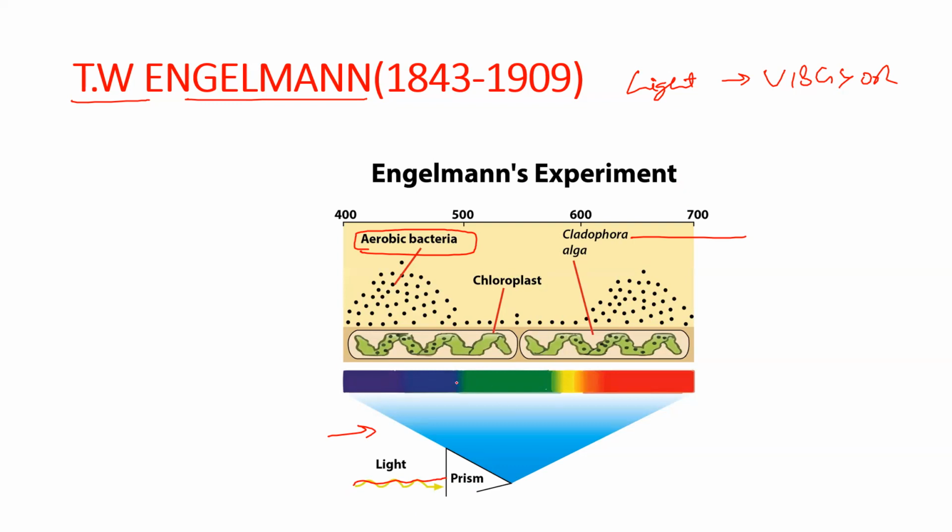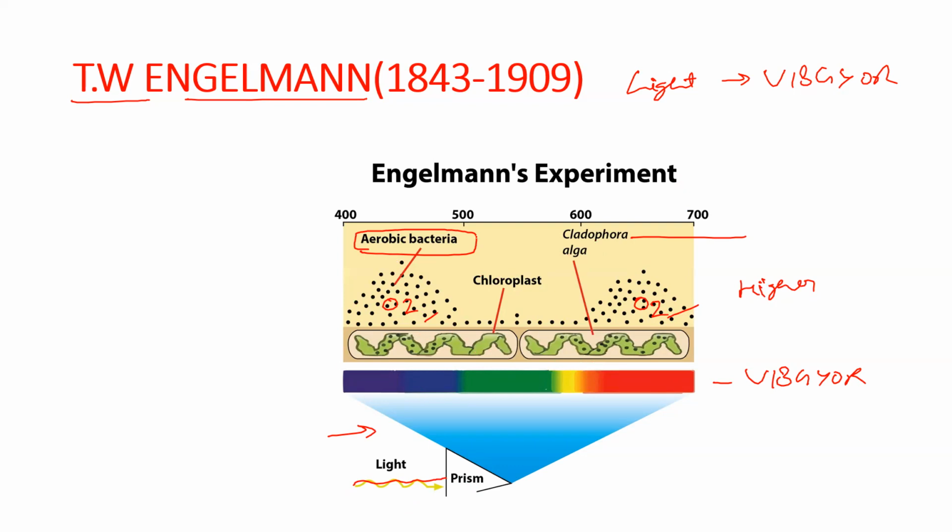So the light is scattered into Vibgyor. Then he found that the aerobic bacteria gathered around the blue light and the red light in the most quantity. Why? Because aerobic bacteria need oxygen, so here oxygen production is higher.